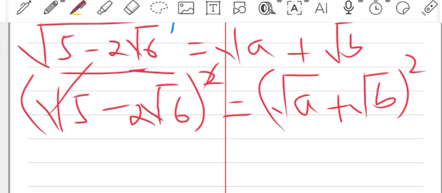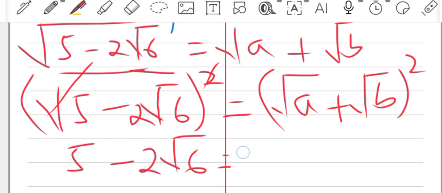We are left with 5 minus 2 root 6 on the left hand side, but on the right hand side we need to expand, and when we do that successfully, we get a plus b plus 2 root ab.